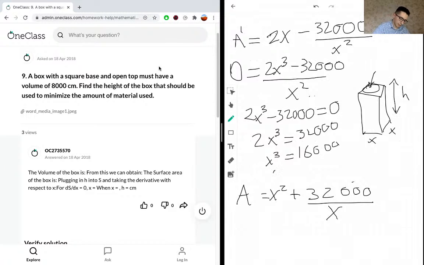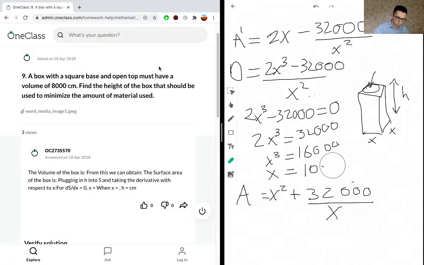You can see that x is equal to 10 times the root of 16. Because we have 1,000, we know that the cube root of 1000 is 10, so we put that on top, and then we're left with the 16 term. Sorry, this is incorrect.